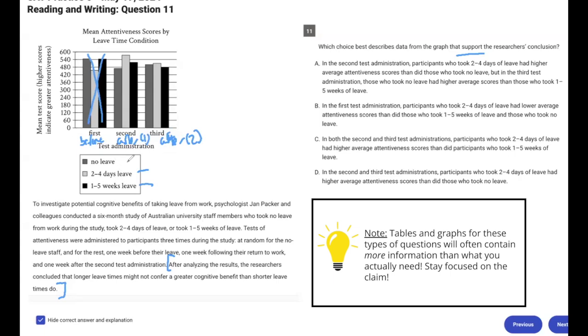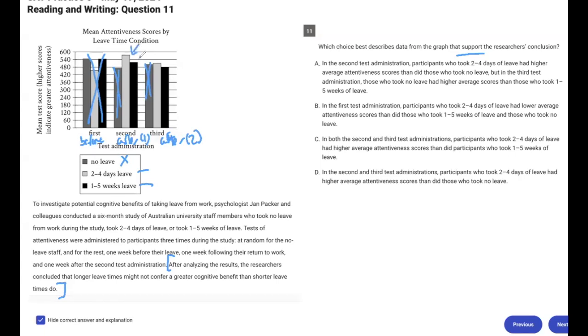Furthermore, since we're not comparing the no leave group, that's the medium tone box, that first one here, we don't need to look at that. It's just noise. We are only comparing these two boxes from these two tests: 1 week after the vacation and 2 weeks after the vacation. We are seeing here that the people that had the shorter vacation time had a higher attentiveness score both times, 1 week after their vacation and 2 weeks after their vacation.